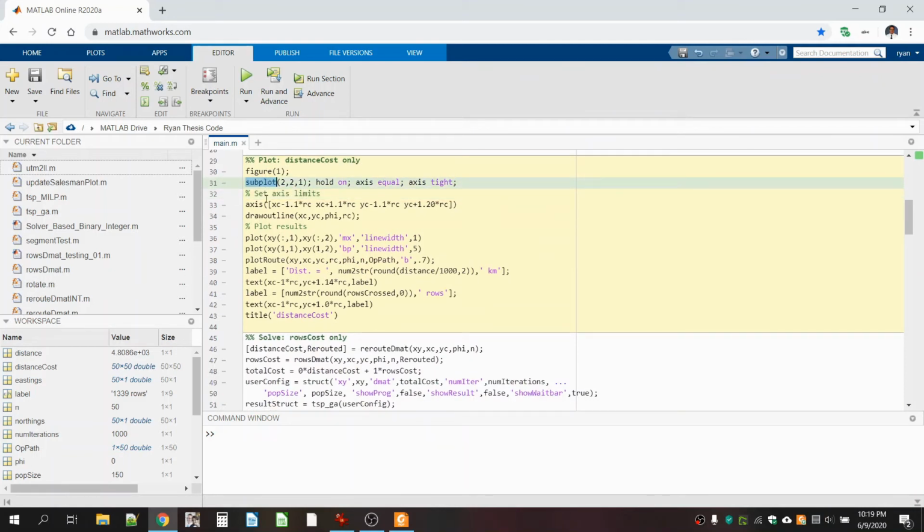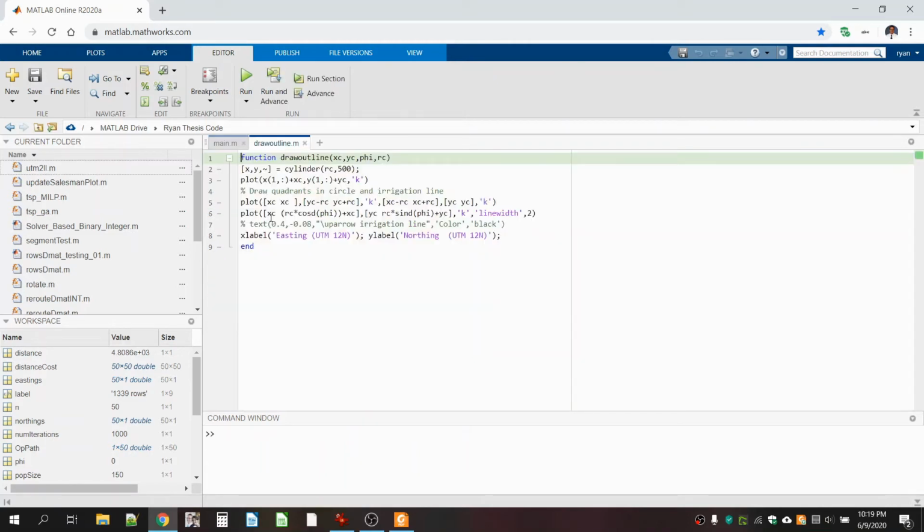Let's see, this draw outline function, I'm hitting Control D to open it. All it's doing is plotting our center point, drawing the outline of the circle, and plotting the irrigation line and labels.